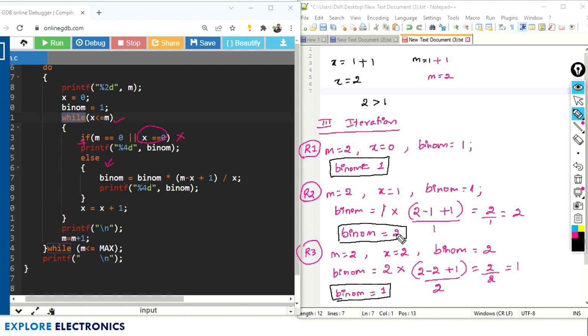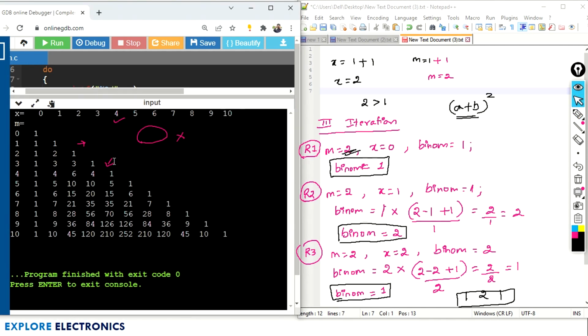So we are having 1, 2 and 1 as the binomial coefficients for the expression a plus b to the power of 2. Why 2? Because m is 2. Now let's see the result we have got here. So here is our result. We are having, to the power of 2, 1, 2 and 1.